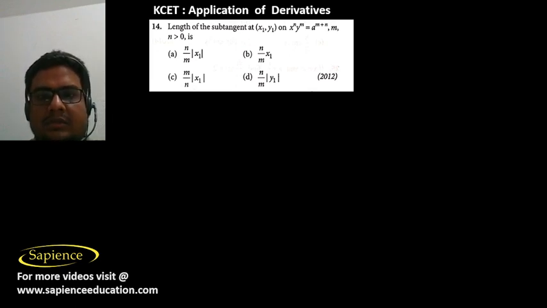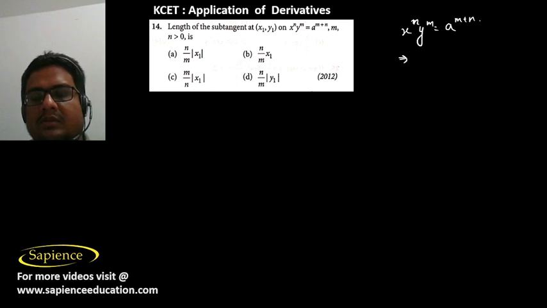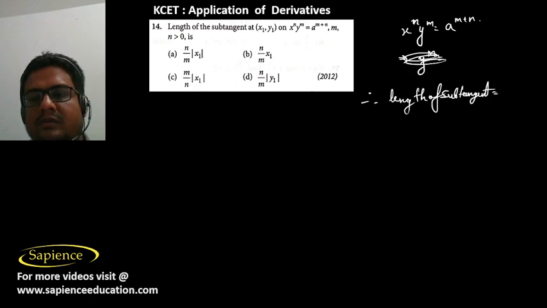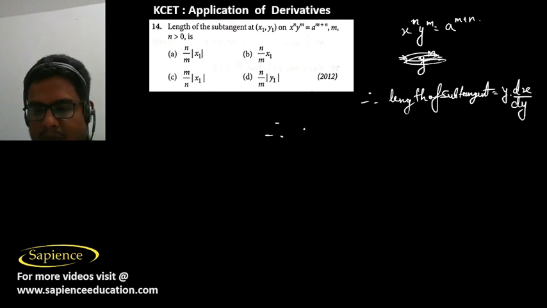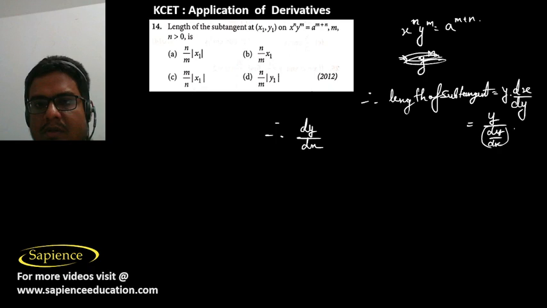Question 14, the length of the subtangent at the point. Let's find dy by dx.